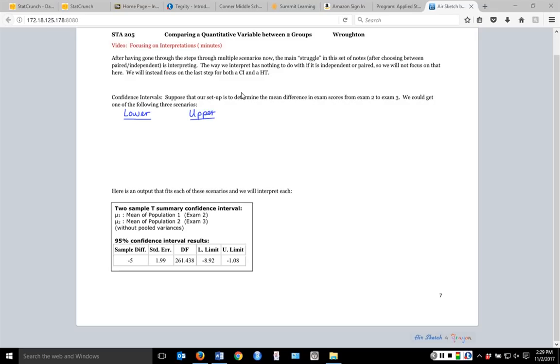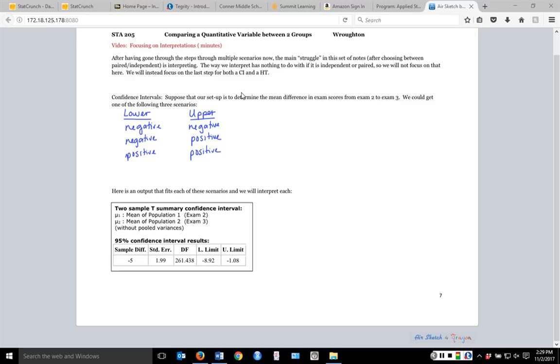What I could have happen is my lower value could be negative and my upper value could be negative. I could get a lower value that is negative and an upper value that is positive. Or I could get my lower value to be positive and my upper value to also be positive.